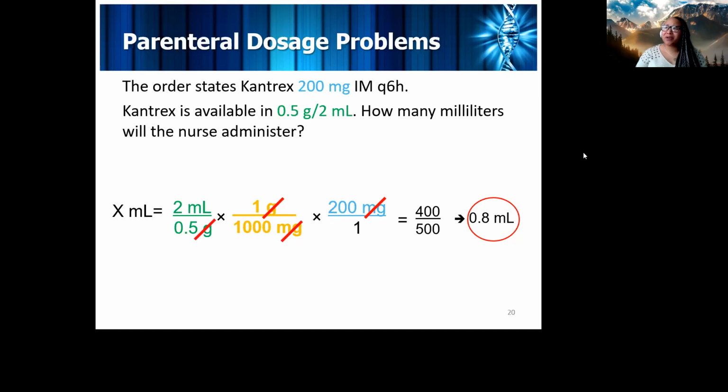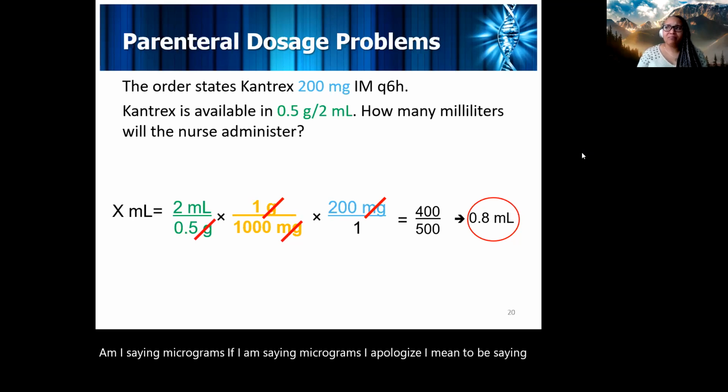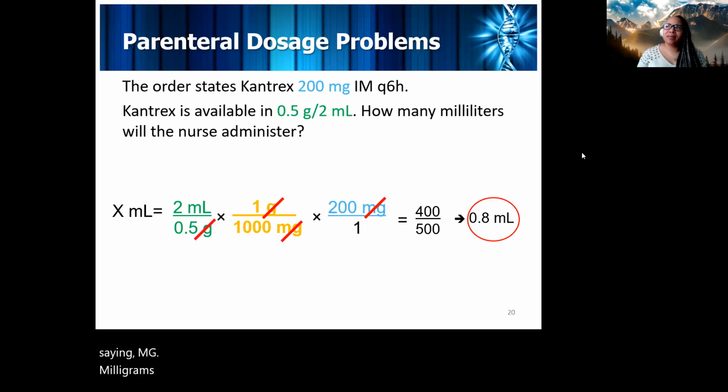Am I saying micrograms? If I am saying micrograms, I apologize. I mean to be saying mg. Milligrams, not mcg. How do we know what needs to go on top?